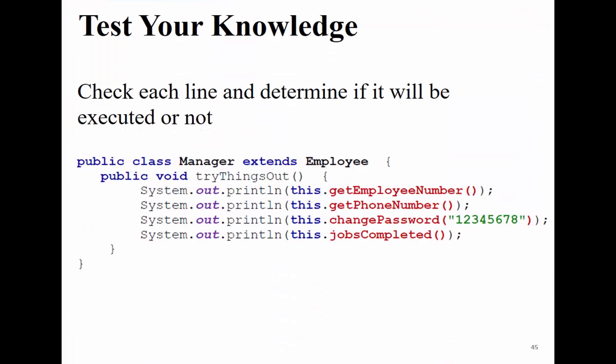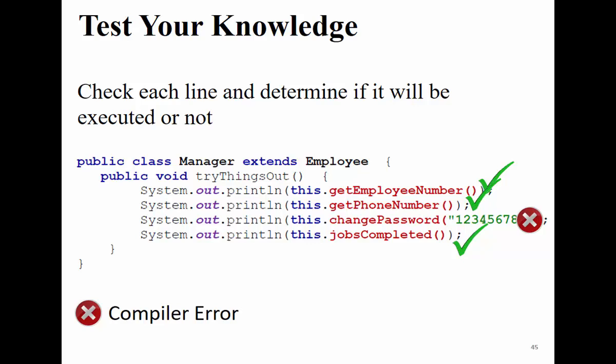Which one will give me an error? The change one will give you an error, and the rest is okay. If it's okay, it's okay. This will give you a compilation error actually. It will not allow you to compile, not at runtime. Okay, because the change password is private.